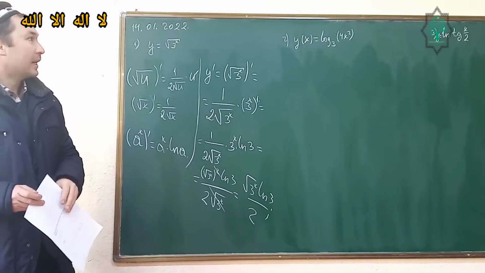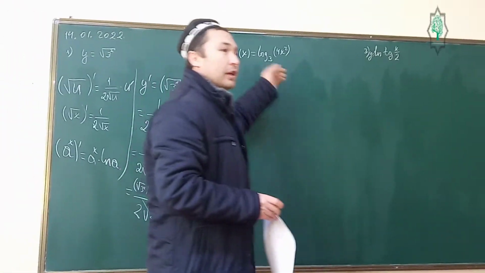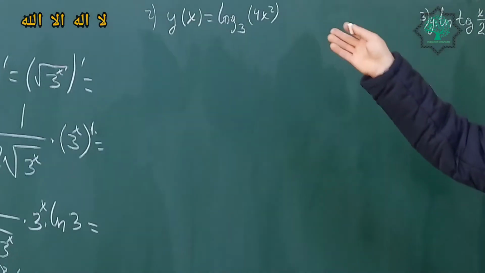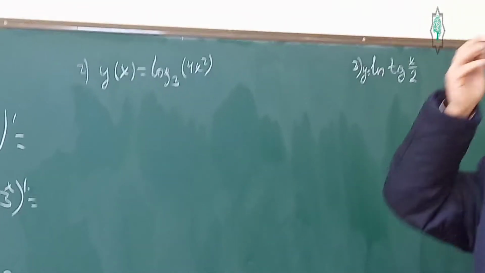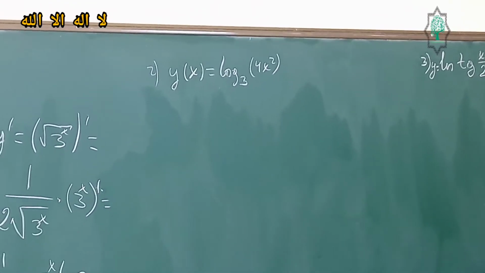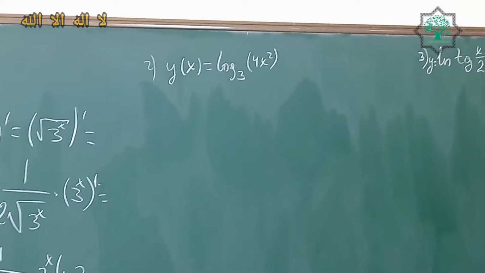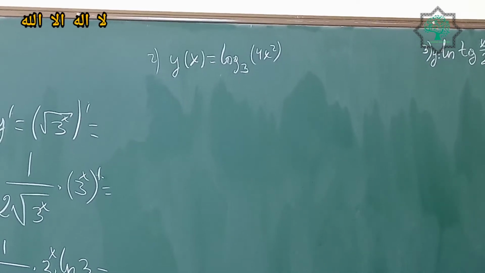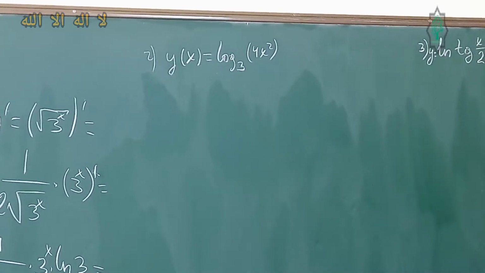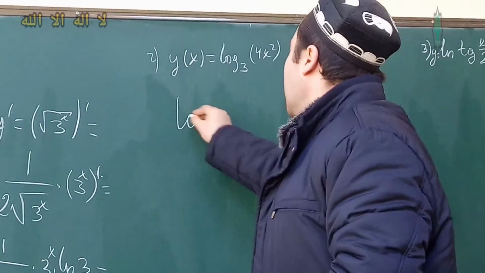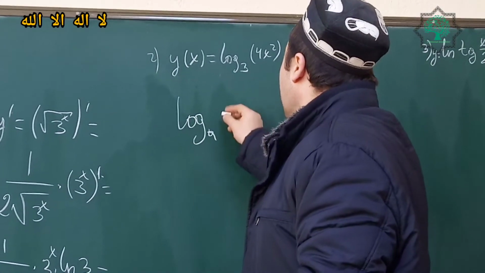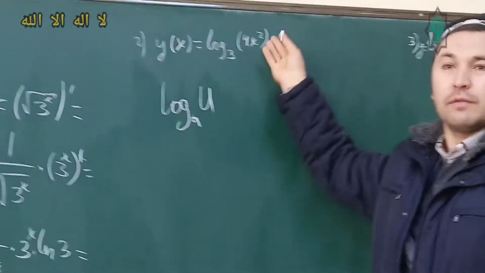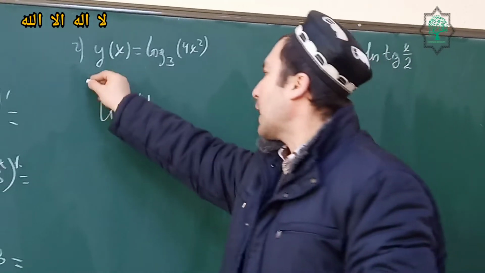Okay? Great. Here we should use the formula of the derivative of a logarithmic function. Who will tell me the formula of the logarithmic function? Yes, if log a from, for example, u, because here is a composite function, yes? Composite function.